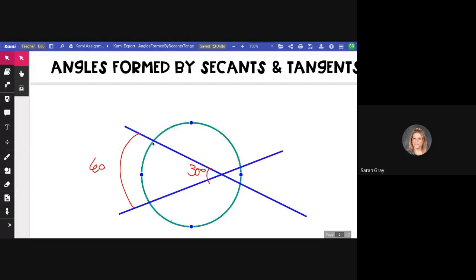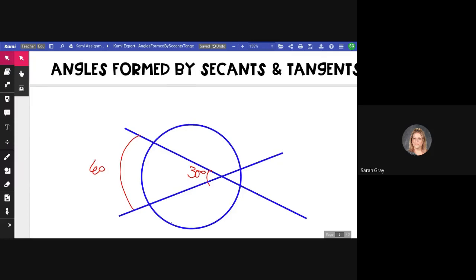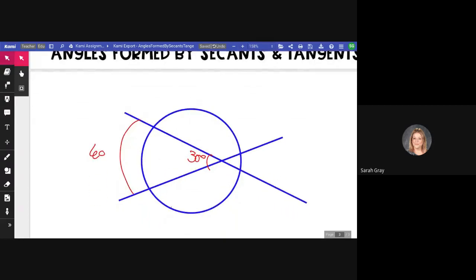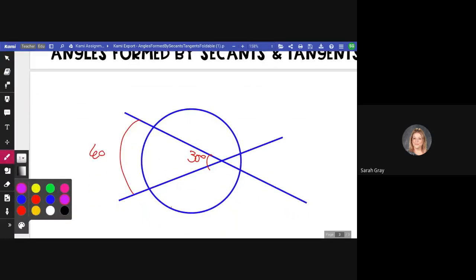But notice how this arc is now a little bit smaller than it was because of the way the circle slid. So when that arc shrank, this arc over here on the right-hand side grew. So those two arcs are still going to add up to 60 degrees.